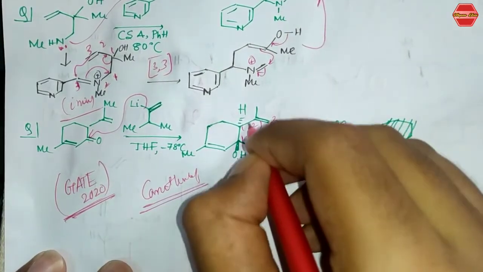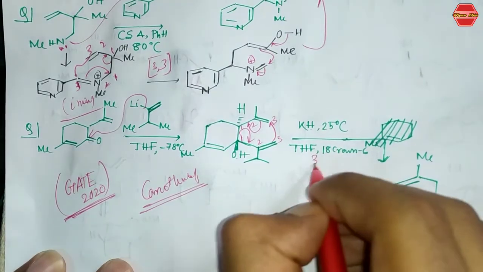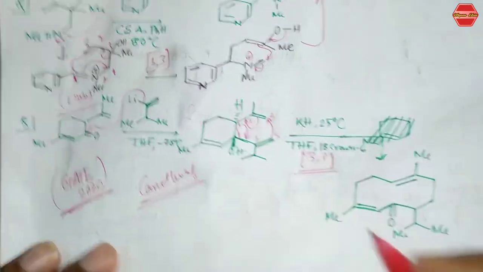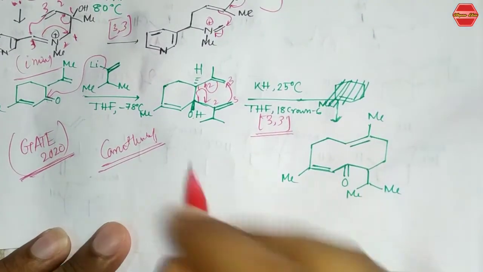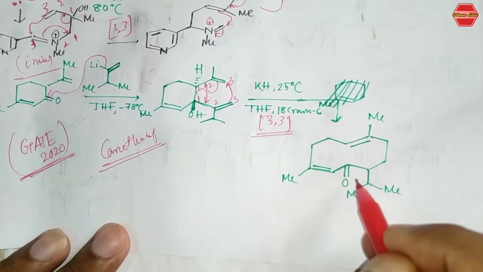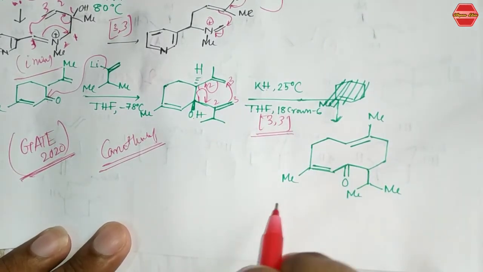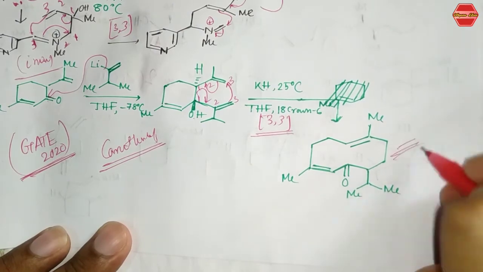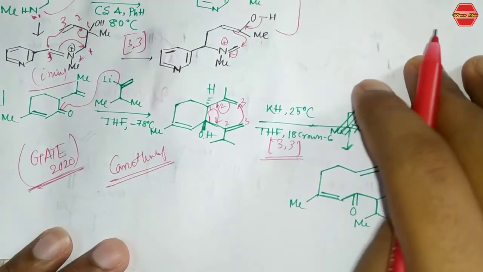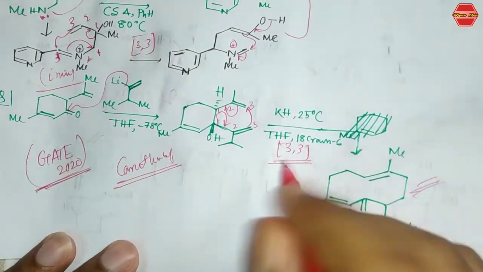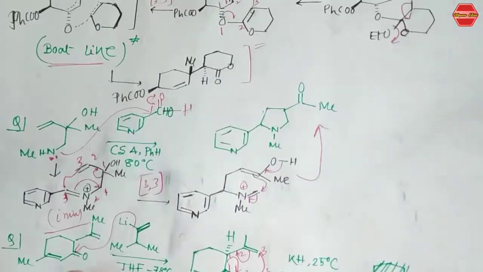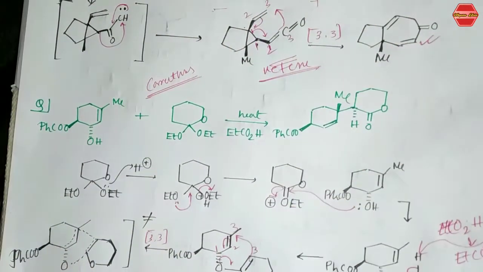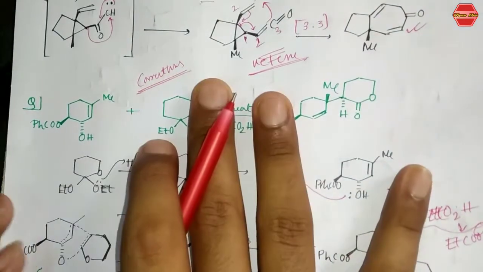Now there is this kind of 3,3 sigmatropic, and you get this final product like this. It takes a proton from here, and after tautomerization you get this double bond over here. This question is so simple, and I think it was for 1 mark. So that is all for the 3,3 sigmatropic rearrangement.